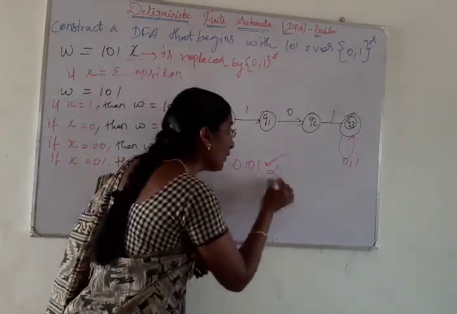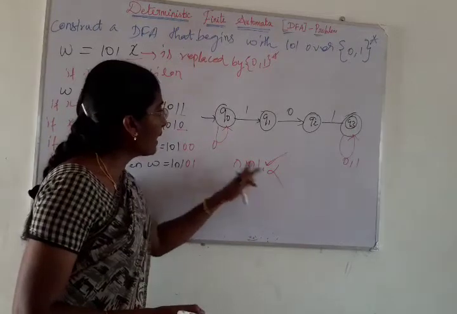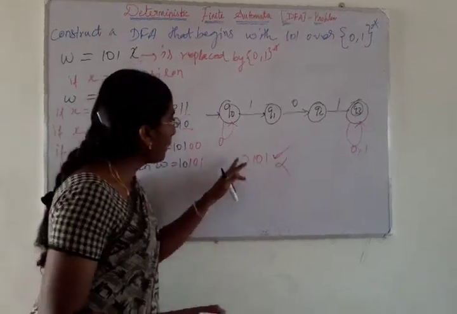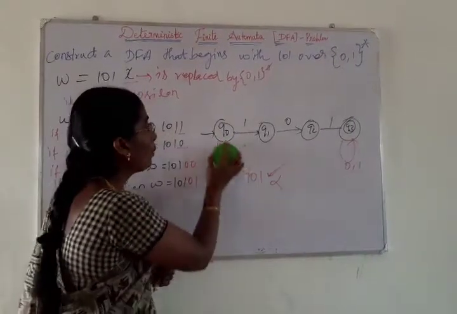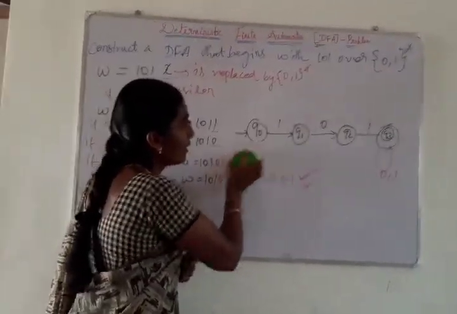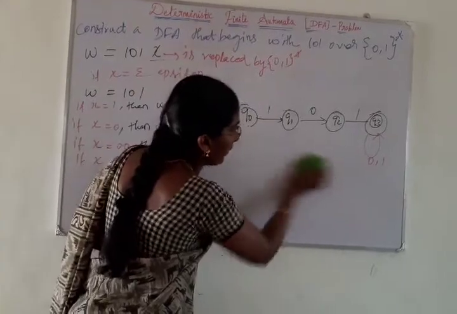But this is not an accepted string, because it does not start with 101; it starts with 010. So the self transition for the state Q0 on the input symbol 0 is not the right one.